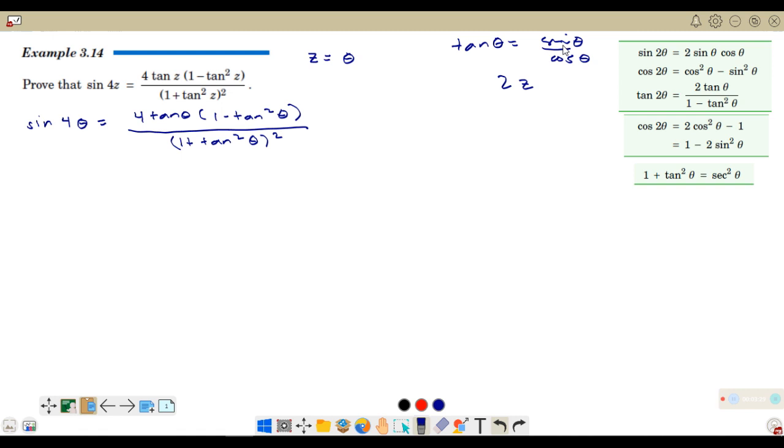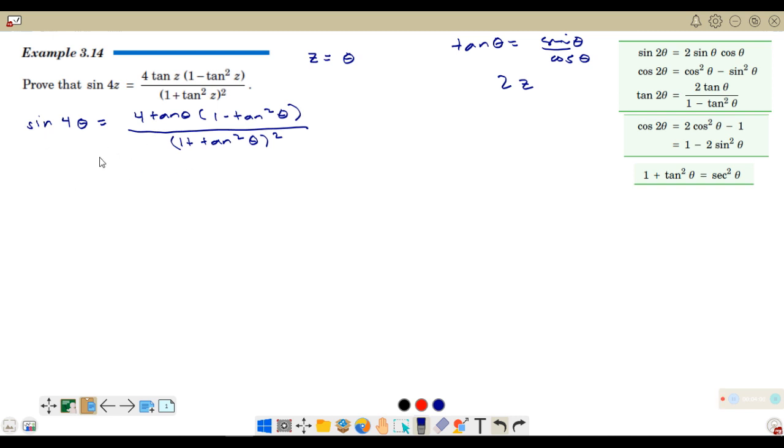For here, we have to make use of the cosine function, which is not present in the left-hand side, just to get a tangent function. Pero kung si tangent function yung itatransform natin into sine theta over cosine theta, madali natin siyang mailalagay into the form sine 4 theta. So instead of changing the left-hand side, we are now going to focus on the right-hand side and try our hardest to transform it to sine 4 theta.